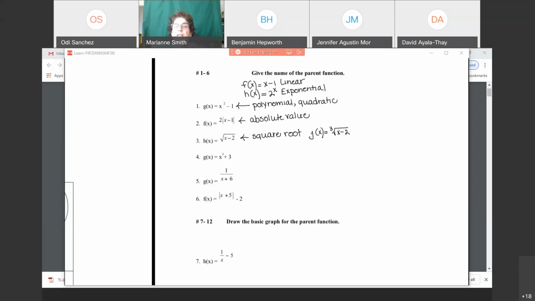Anybody have any idea what j of x is that I wrote over here? That's a cube root, right? So basically, that little 3 is called an index.